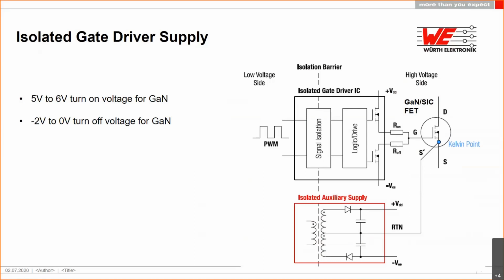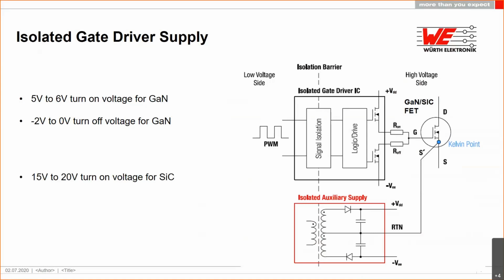To safely switch off, you can apply between 0 and -2 volt. In this case, the GaN FET is securely switched off. Because of the Miller effect, which we will see later, we can accidentally turn on the FET again, and then we have a shoot through in our half bridge.